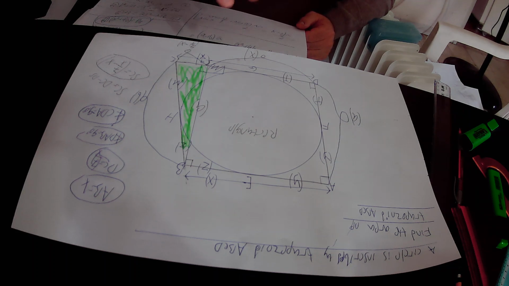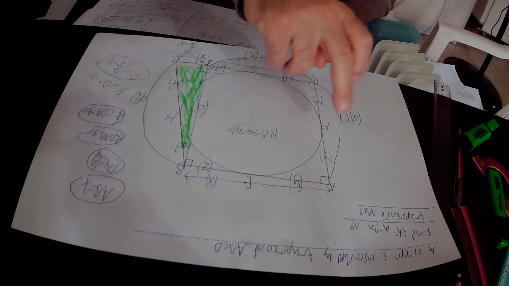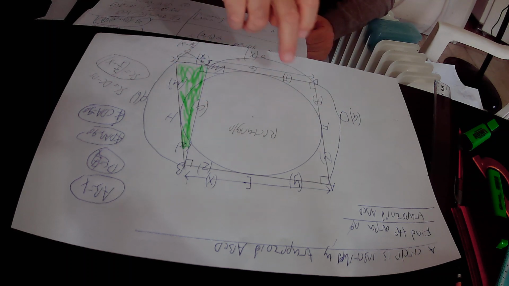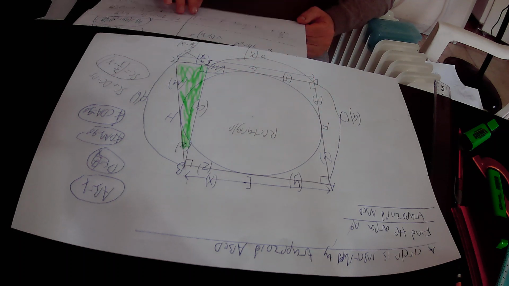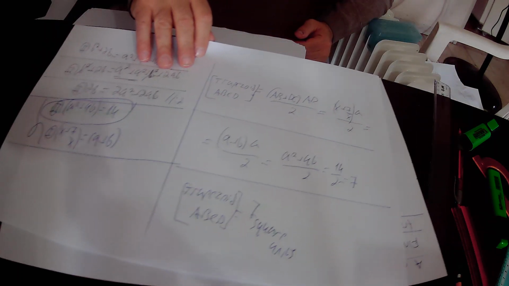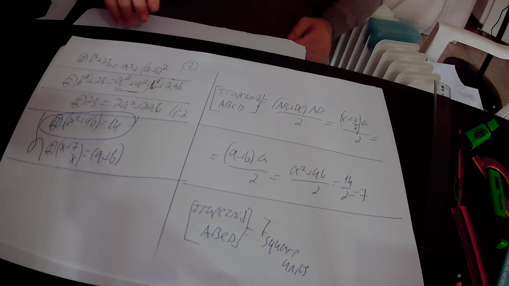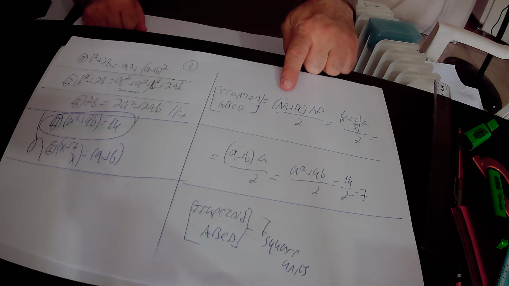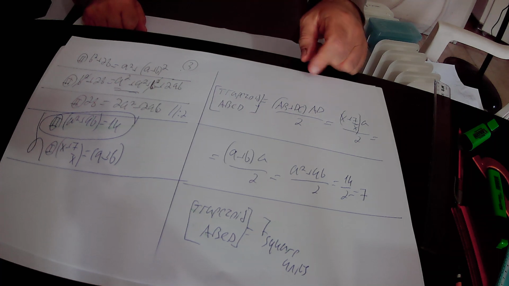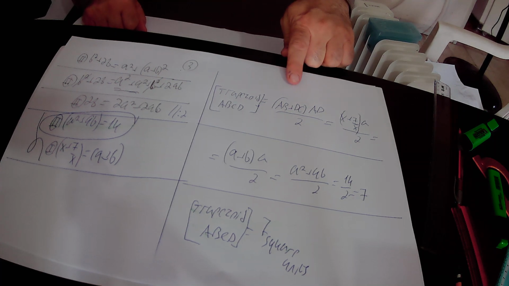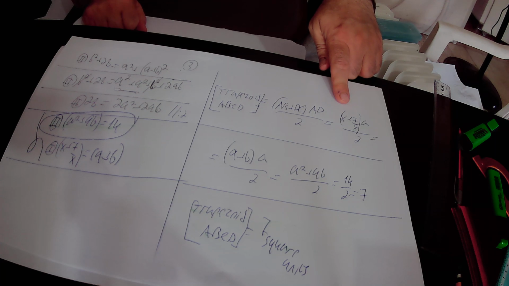Again, the area of trapezoid ABCD equals the sum of the two bases, that is AB plus DC, times the height, that is AD over 2. AB is x according to what is given in the question.